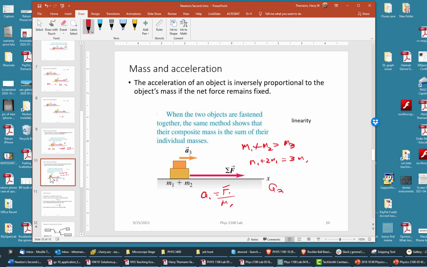So A3, if we keep F1 constant, so it's the same F1, is F1 over 3M1, and so we can change this to 1/3 times F1 over M1, so then we see it's 1/3 A1, because this we know equals A1.